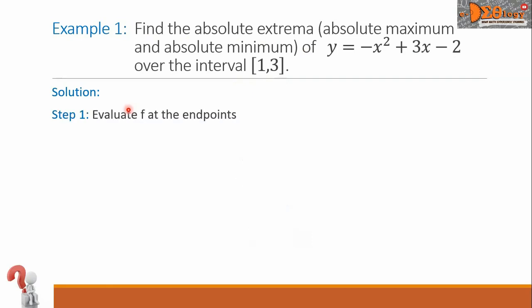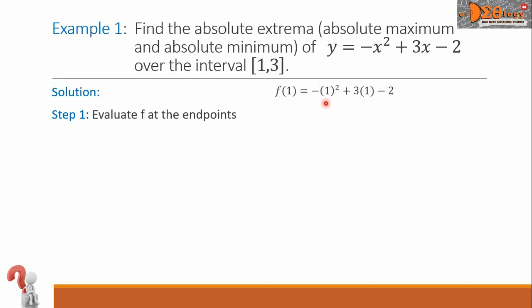For our solution, let us do step 1, and that is to evaluate the function f at the endpoints. The endpoints are the end numbers of the interval, and these are 1 and 3. Let us begin with f of 1.